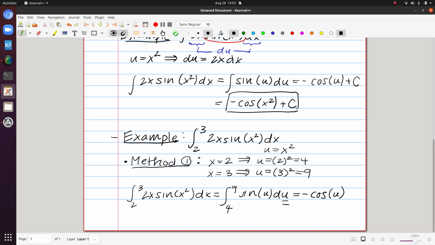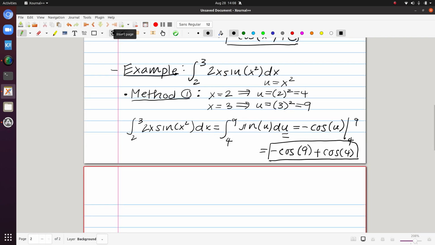Here I'll leave off the plus c, and I'm going to integrate this from 4 to 9. And that's going to leave me with minus cosine of 9 minus a negative, or plus cosine of 4. So this would be my final answer, and we saw one way of getting here.